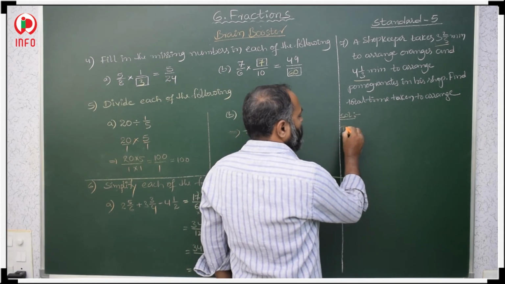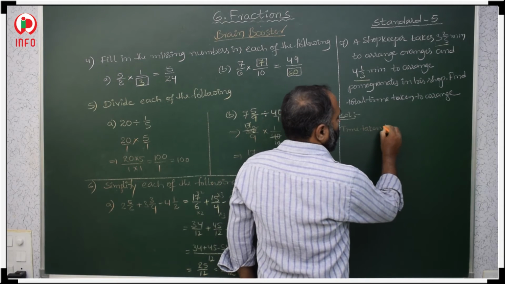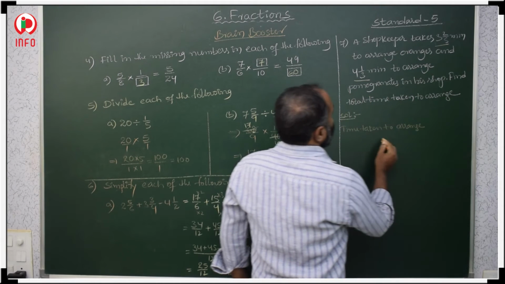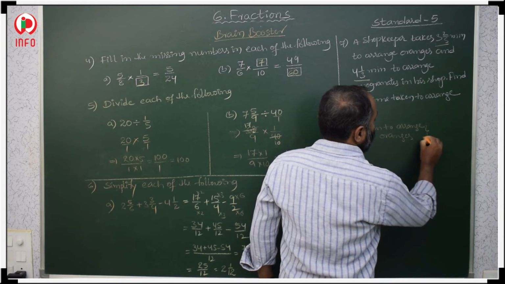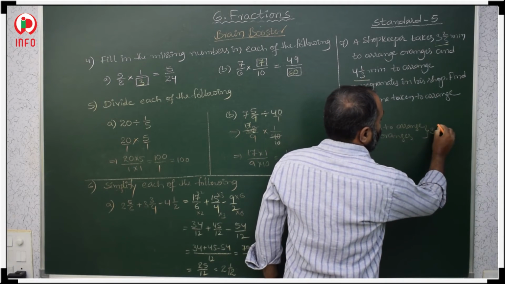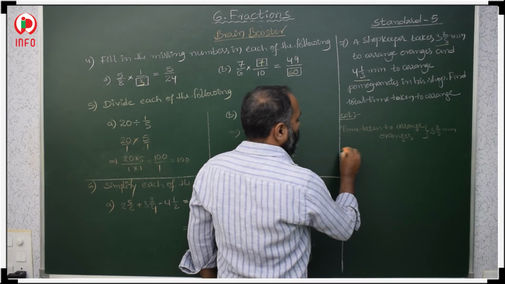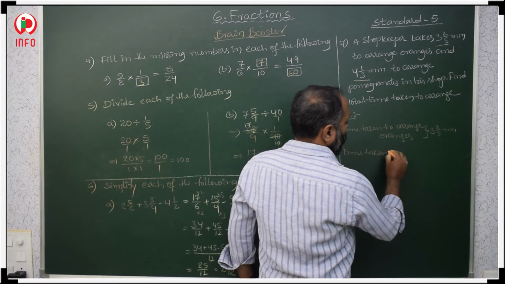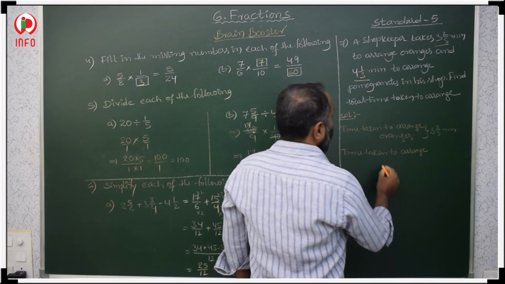Time taken to arrange oranges. How much time? 3 2 by 5 minutes. Time taken to arrange pomegranates.